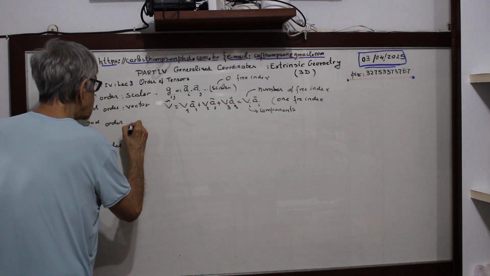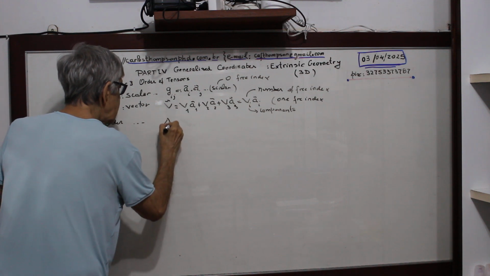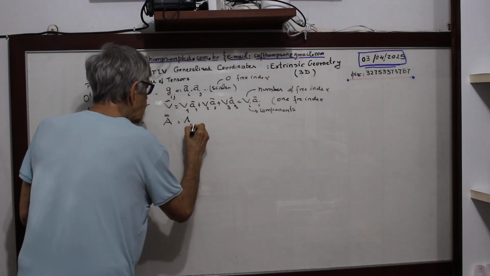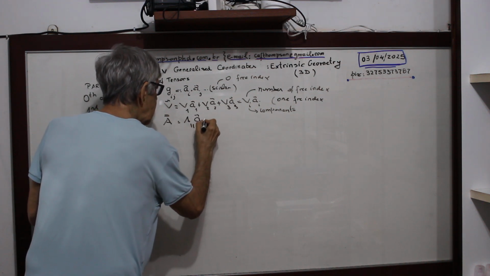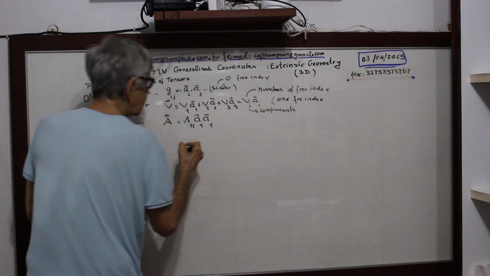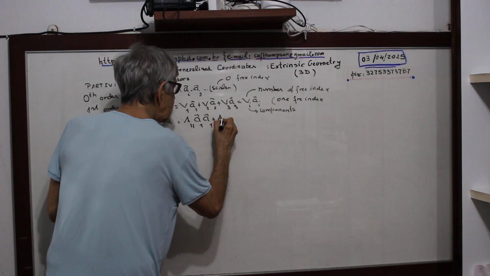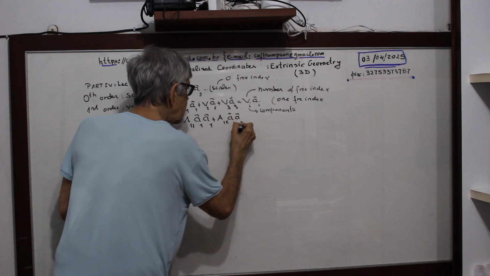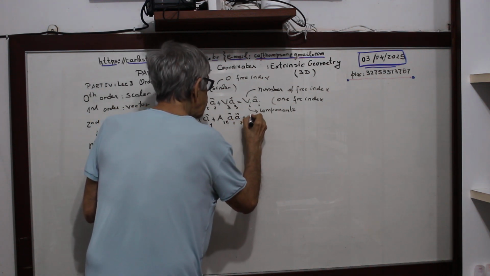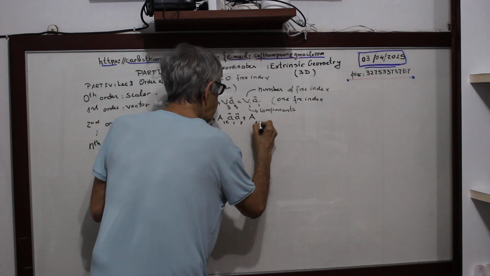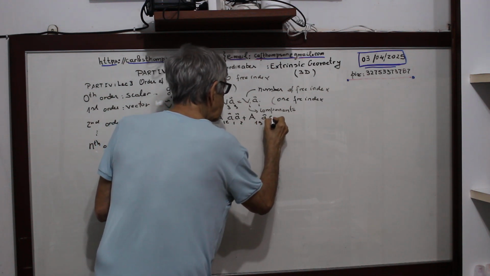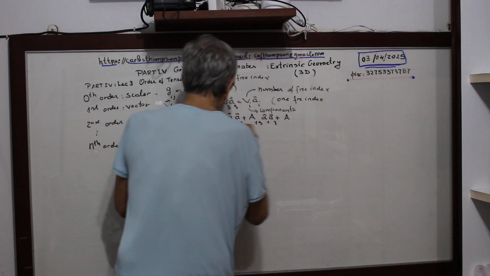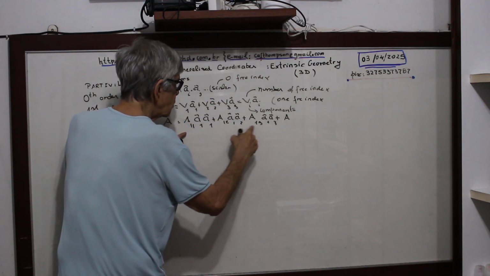Now, second order tensor, okay? I'll write first A equal to A11 A1 A1 plus A12 A1 A2 plus A13 A1 A3 plus, now you see, one here, and one here.